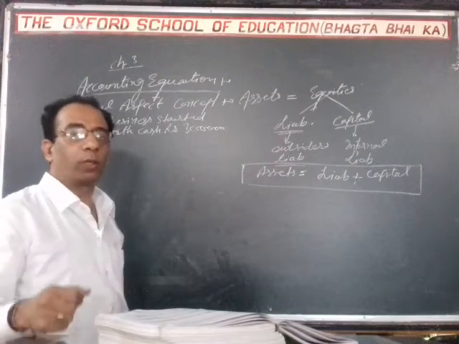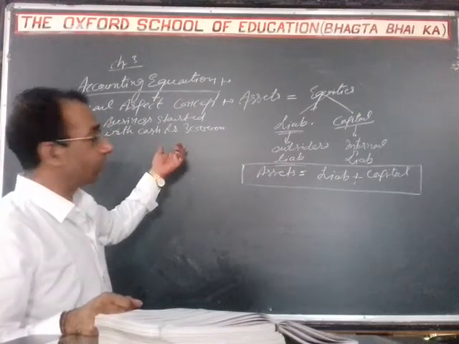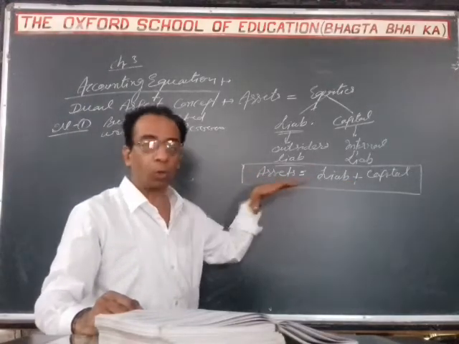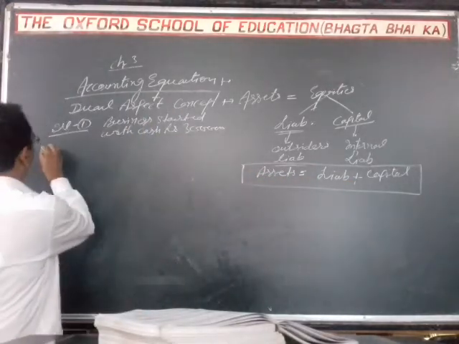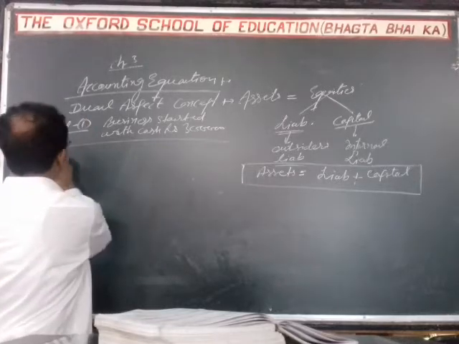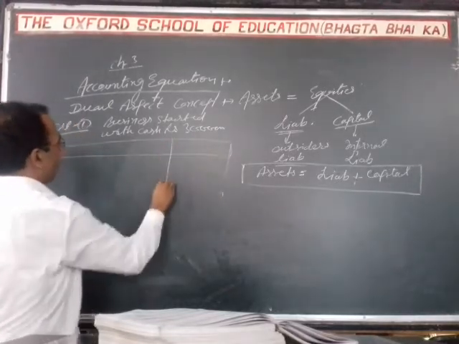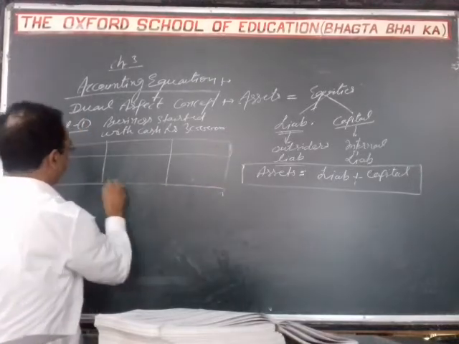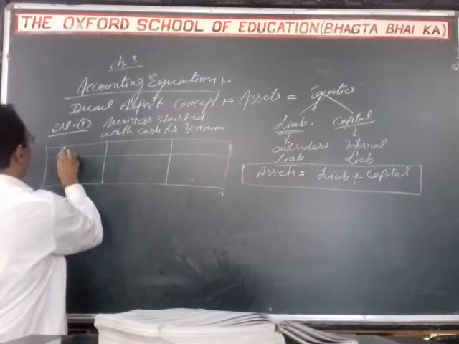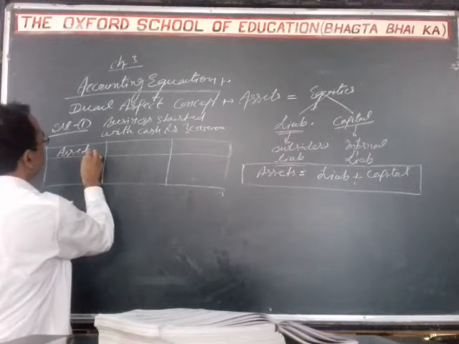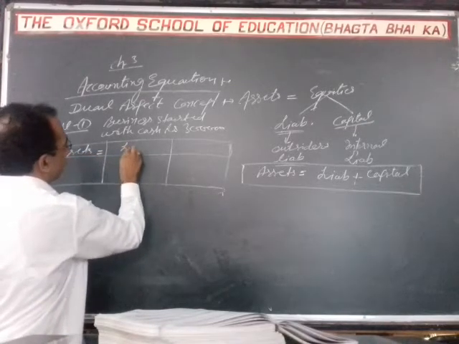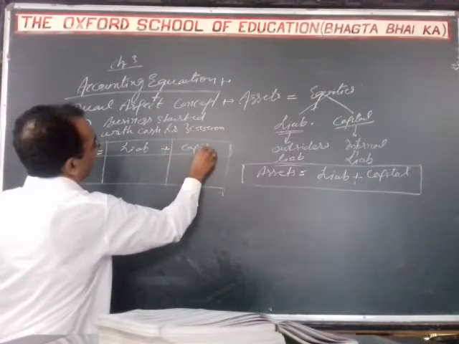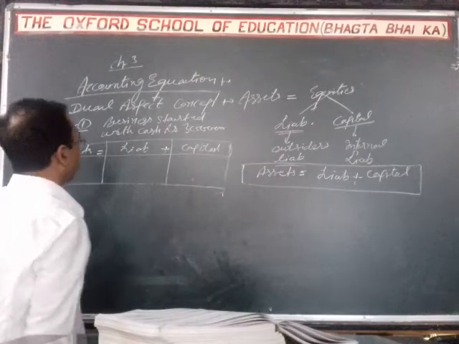Now we have to learn how this transaction is set in accounting equation. First of all, we have to draw 3 columns in a box. First box is known as assets is equal to, second box is known as liability plus, last box is known as capital.